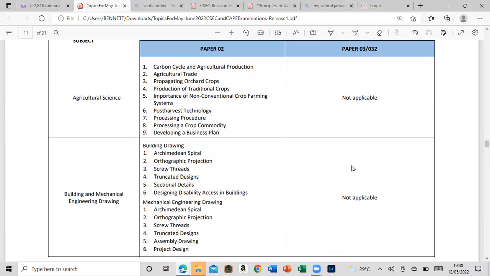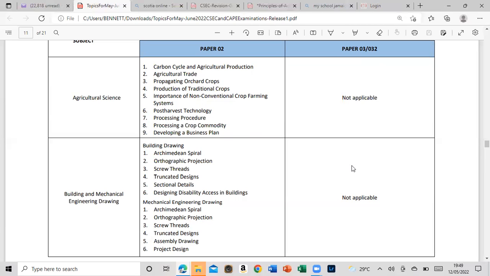And then now we have building and mechanical engineering drawing. So it's Archimedean spiral, orthographic projection, screw threads, truncated designs, sectional details, designing disability access in buildings, and then you have the mechanical engineering drawing. All right, so let's go.